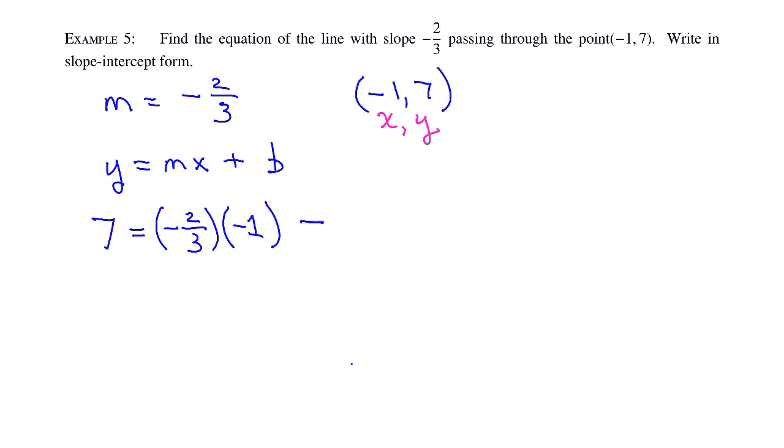And the only variable that's left from the y equals mx plus b equation is the b. We can use this equation to solve for b. So first, let's simplify. We have 7 is equal to positive 2/3 plus b. I'm going to multiply both sides by the least common denominator. That's 3.